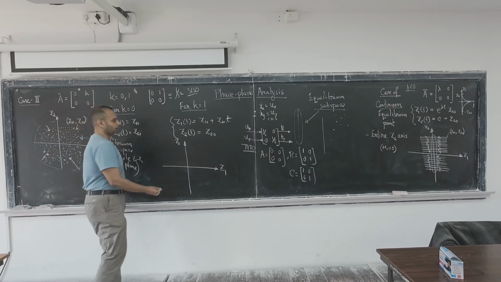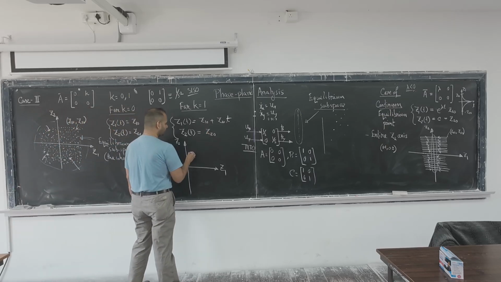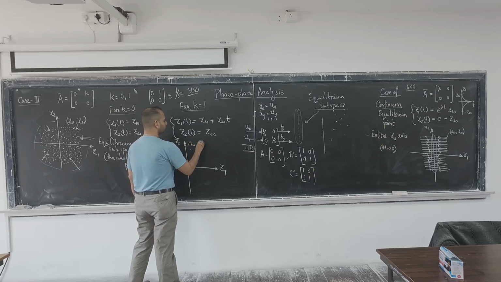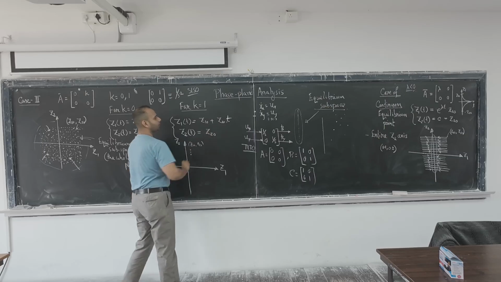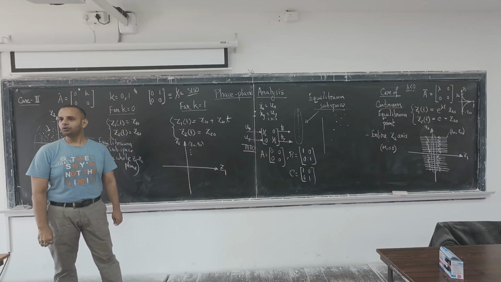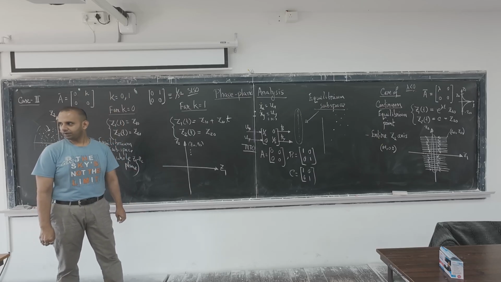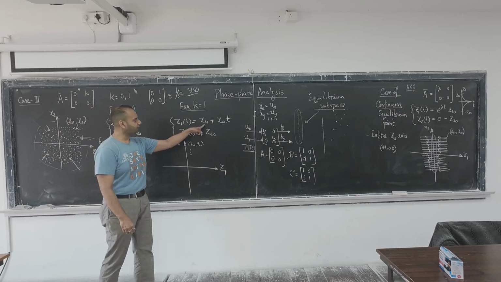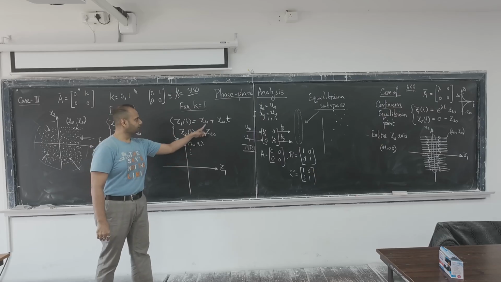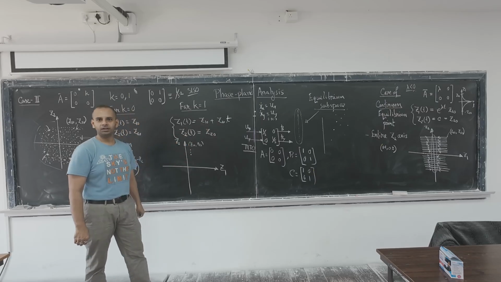Let's take any of the points. Say for example, if it is here, Z10, Z20, both of them positive. Suppose this point or even this point, anyone. Then what will happen? T will count positively. T cannot be negative, right? So starting from any point, say Z10, that is a constant term, plus Z20 into T.